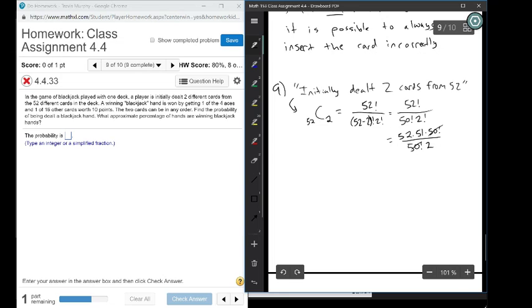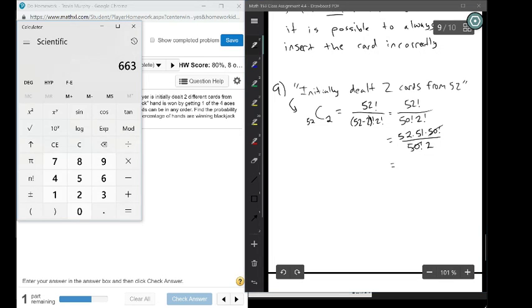And the 50 factorials cancel, and we get 52 times 51 divided by 2, 1,326.